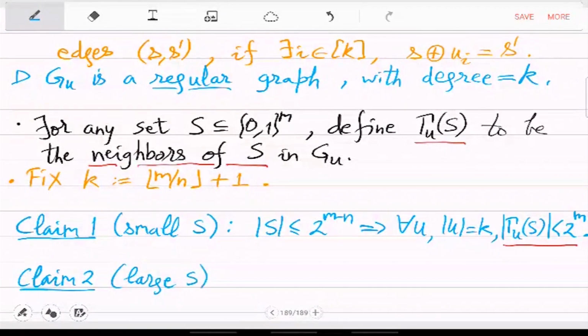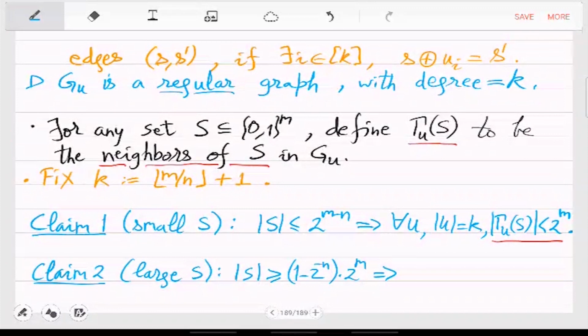And claim 2 will be what happens when S is large. If S is larger than 1 minus 2 raised to minus n times 2 raised to m, so very close to 2 raised to m, then there exists a U of size k such that gamma U S is everything.